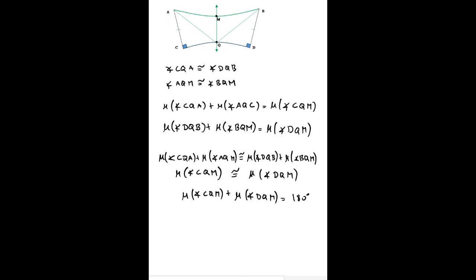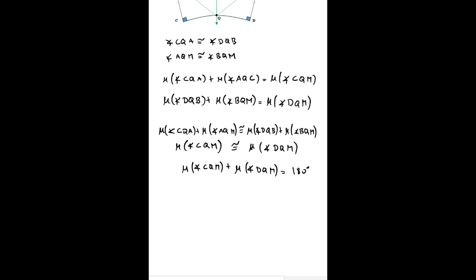And again, because they are congruent, we can say that CQM is congruent to DQM, and they are both 90-degree angles.